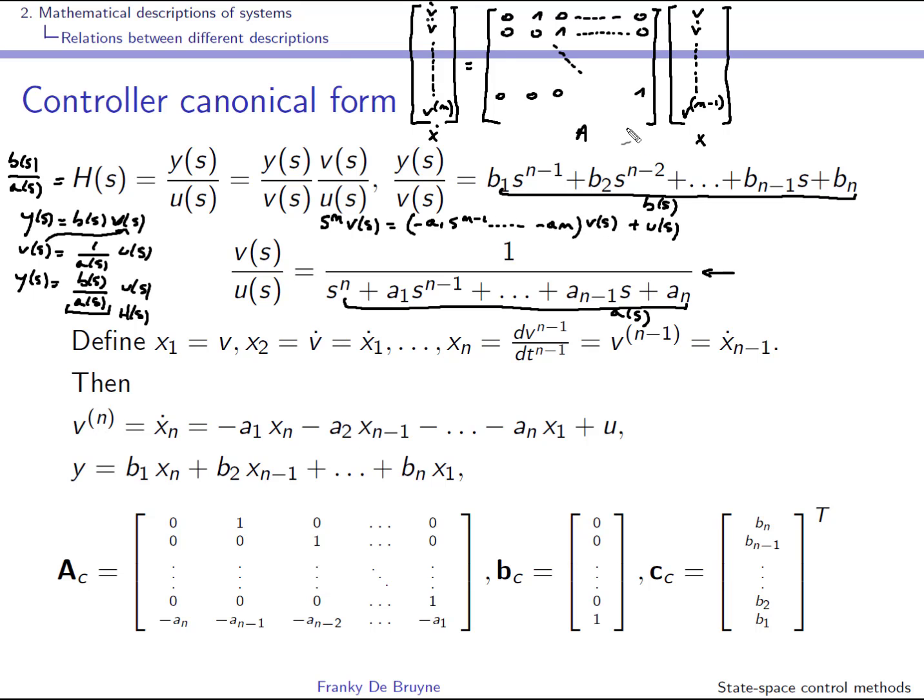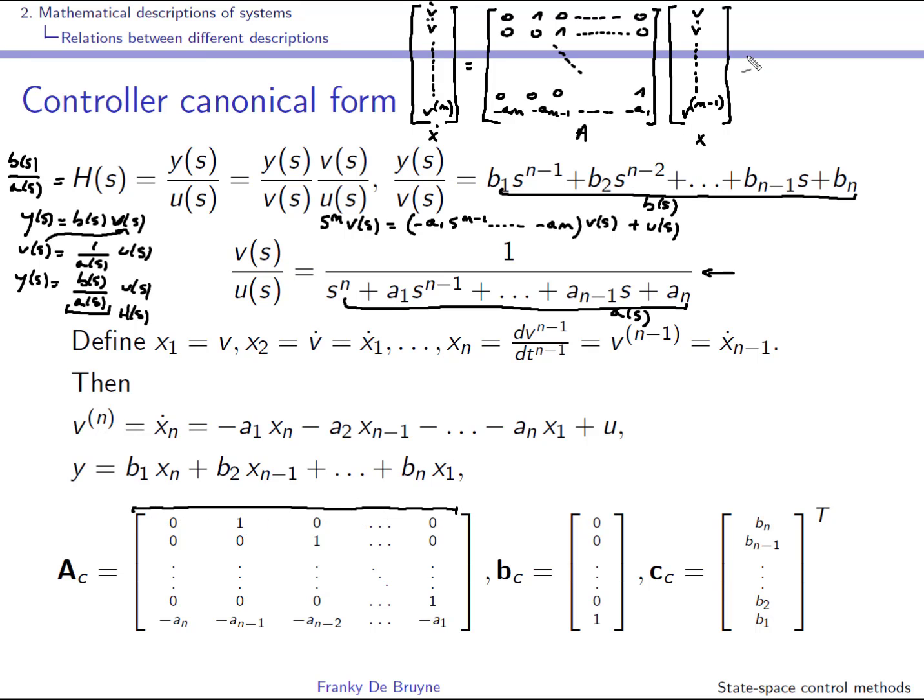So I'll have minus a1 over here, right? And here at the beginning, I have minus an v, but that's the first state. So here I have minus an, and of course minus an minus 1, and so on. So this is the matrix that you see over here, okay?